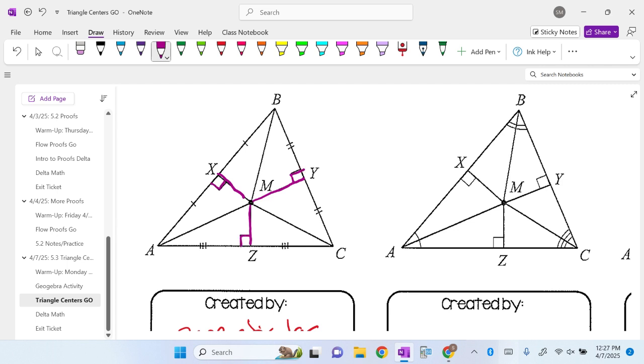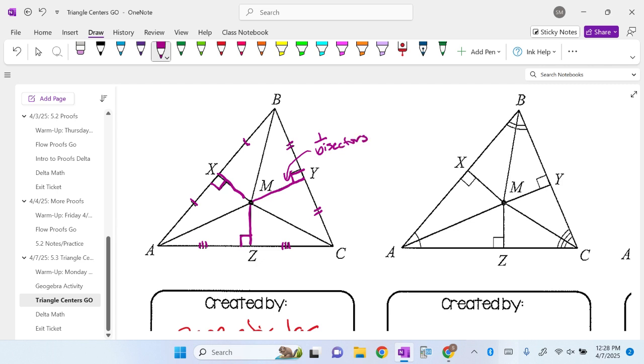That's why they're called perpendicular bisectors. And they also cut the sides of the triangle in half where they intersect. So again, these are the perpendicular bisectors.